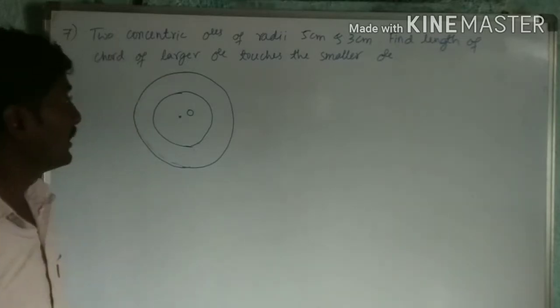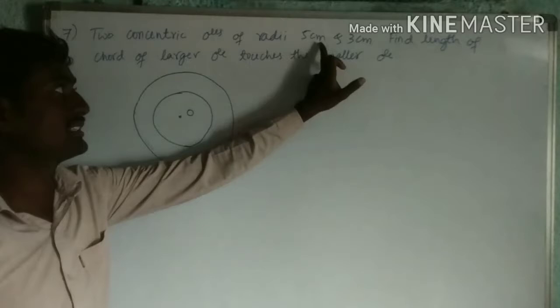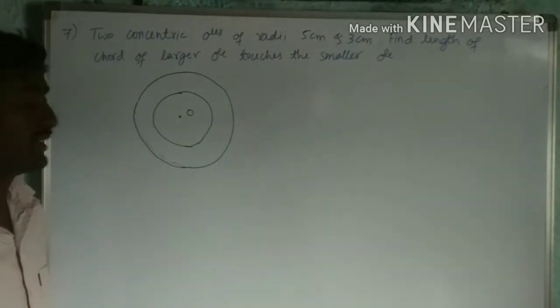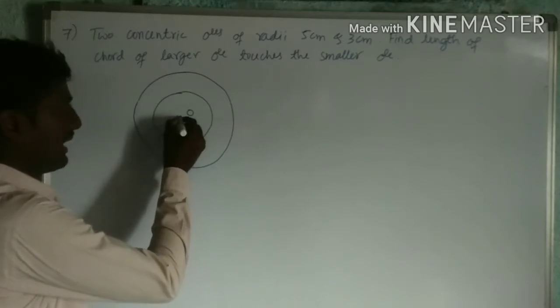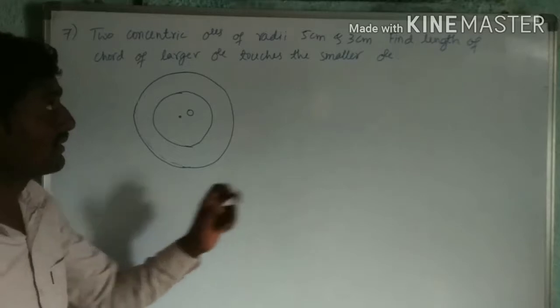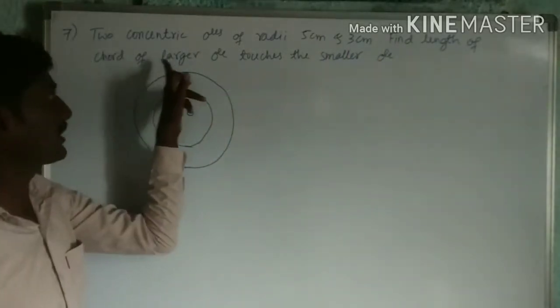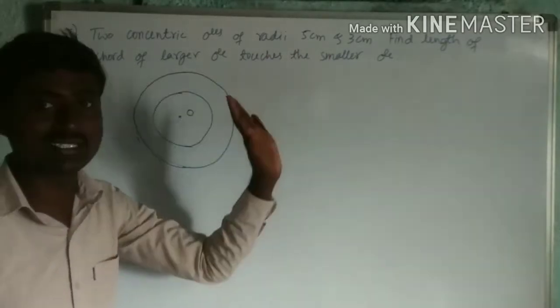Now here they have given the radii of these two circles as 3 centimeter and 5 centimeter. The smaller circle radius must be 3 and the larger circle radius is 5 centimeter. Then find the length of the chord of the larger circle that touches the smaller circle.